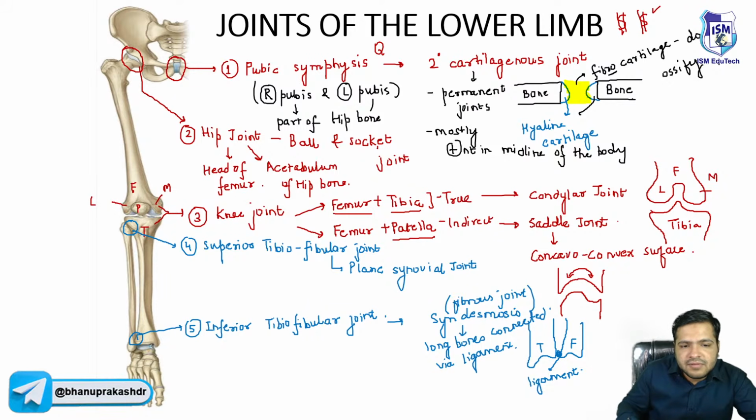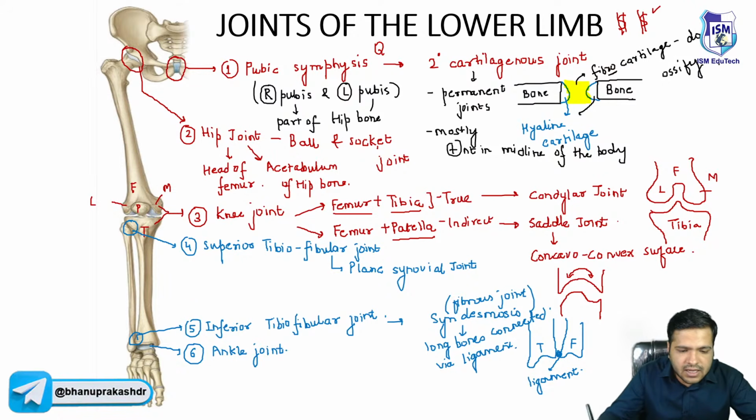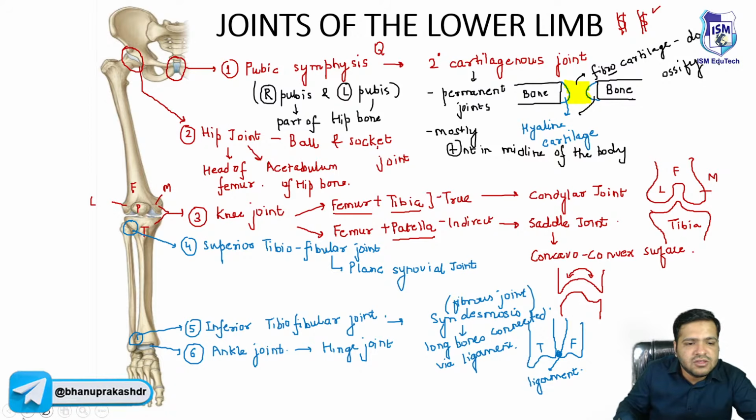Now we have this ankle joint, beta. You already know the ankle joint. Now, ankle joint is a type of hinge joint. When I say hinge joint, beta, you should remember that it allows only one movement.